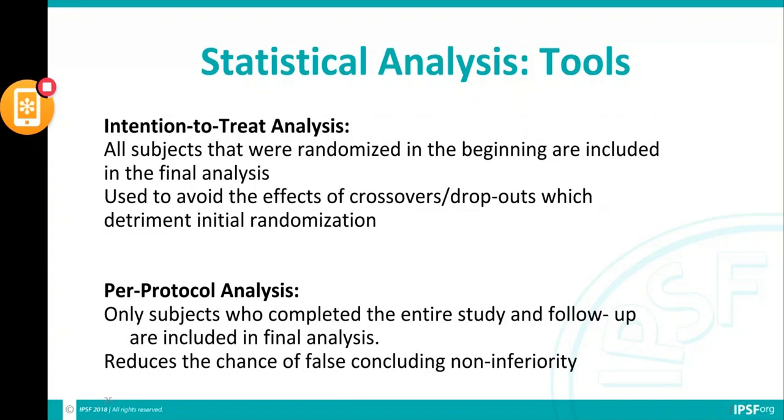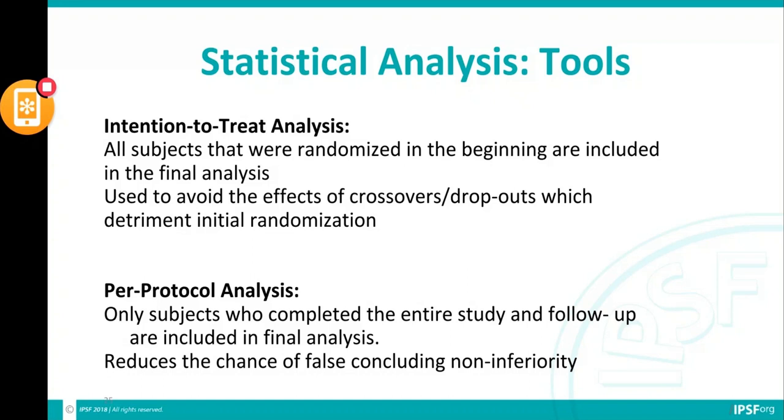And then these are just ways of assessing total outcomes. So going back to that CONSORT diagram at the end, when we have all of our patients who've completed the entire trial and a completed follow-up, we have to analyze all the data we have together. And this is done in 2 different ways. More common is the intention to treat analysis, and that means that all subjects that were randomized in the beginning are included in the final analysis, whether or not they dropped out, were lost to follow-up, or just didn't complete the trial.